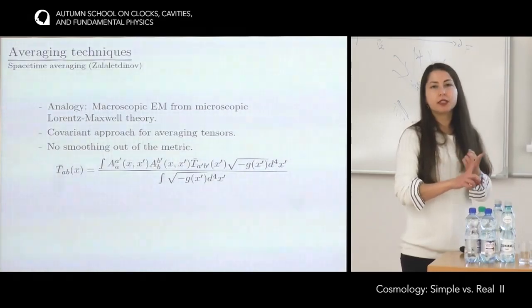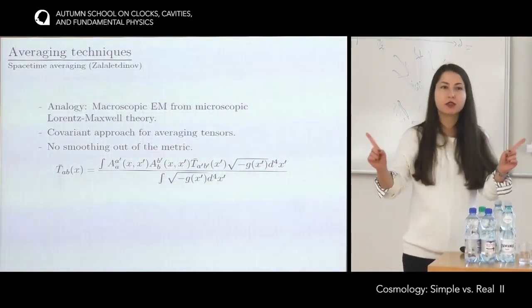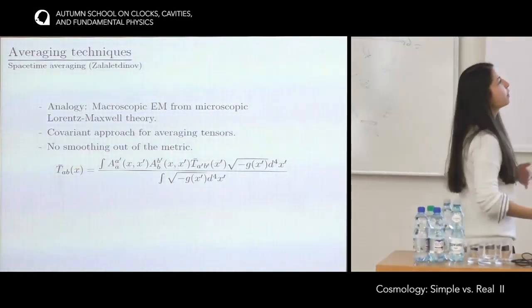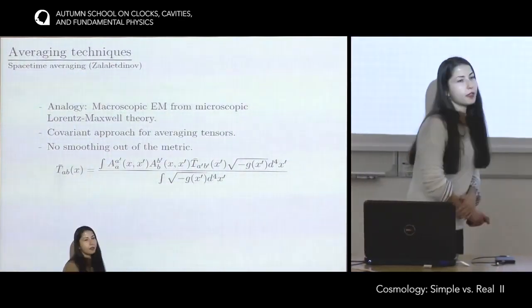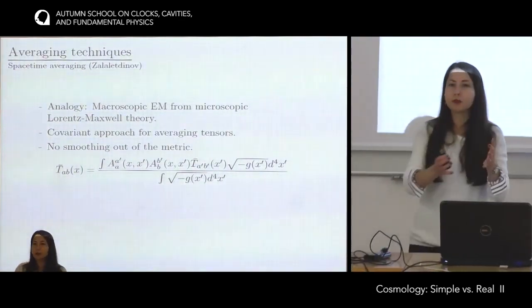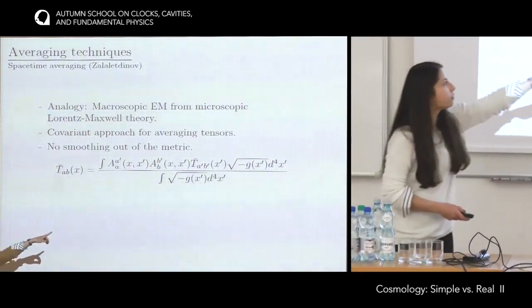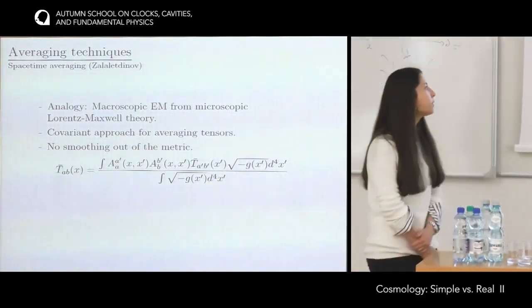So that's when the bi-tensors come into play. You define tensors at 2 points, and that is a technicality, I would say. And you use propagation objects to propagate those tensors from one point to another. And again, this volume element is the one of the overall space-time.